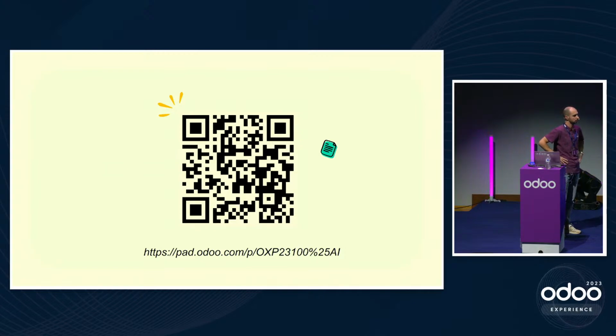Okay. Another question. How can I do it when I need to send vendor bills to different purchase journals? That's a good question. On each journal you can have a specific email alias that you can use, so you can send all your invoices directly to the correct journal.